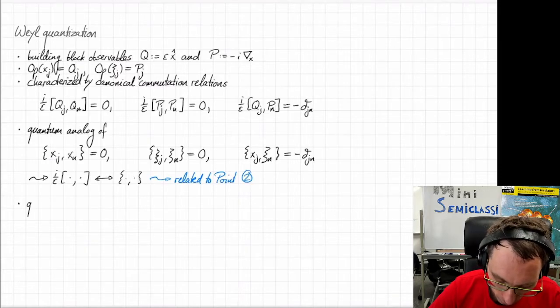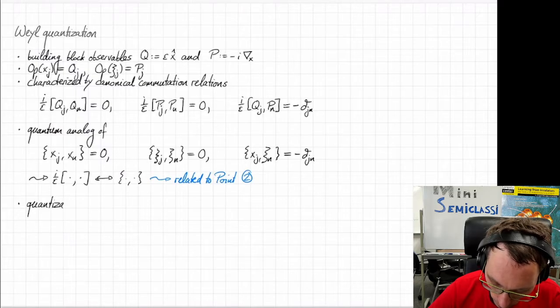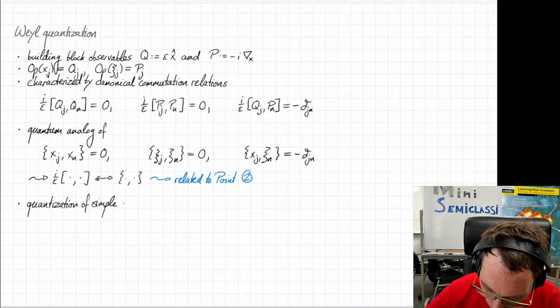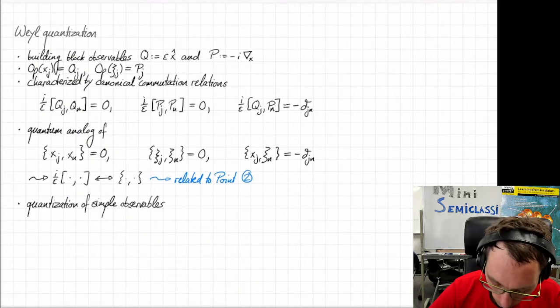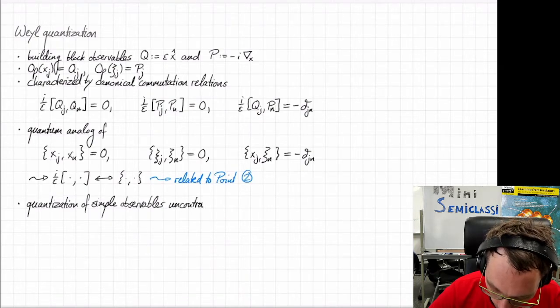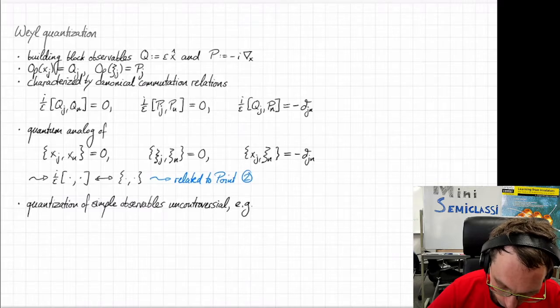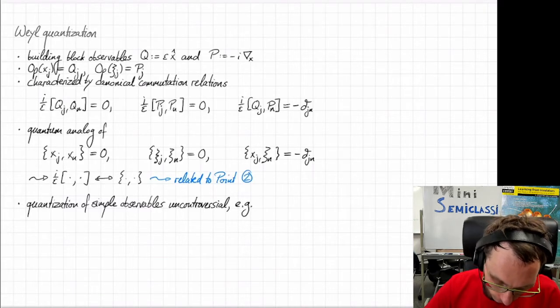So the quantization of what I call simple observables, of course, uncontroversial ones, have been tested by physicists and they just work, period.